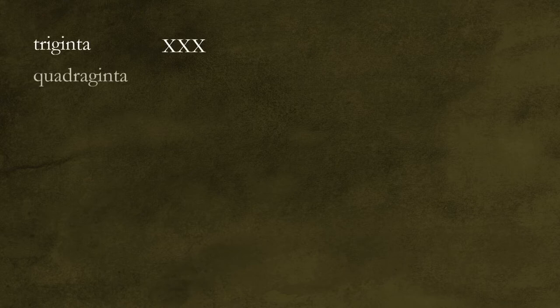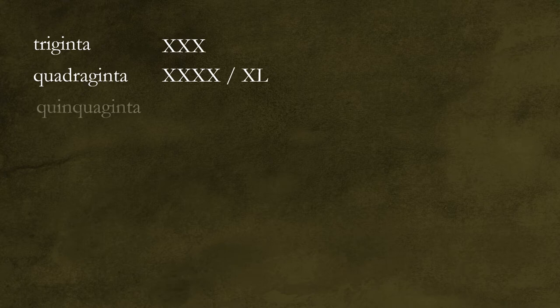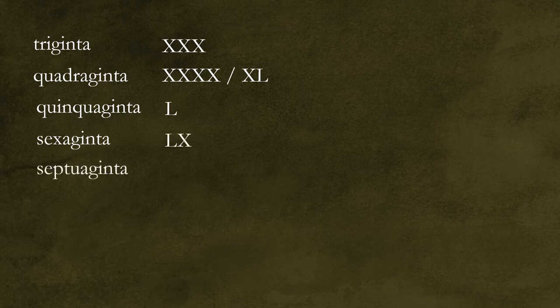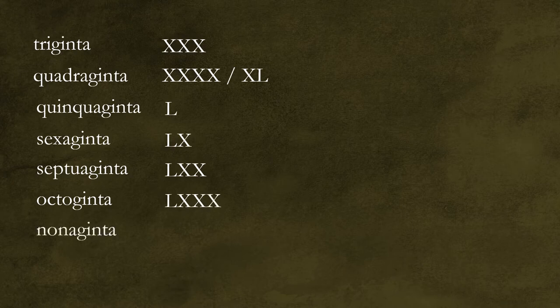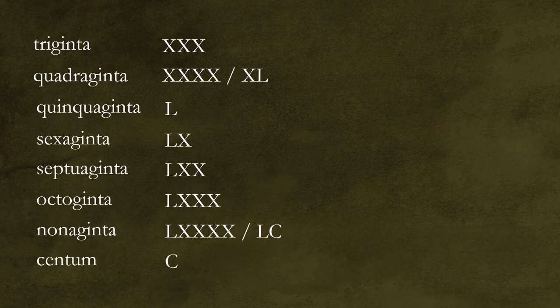Triginta is 30. Quadraginta is 40. Quinquaginta is 50. Sexaginta is 60. Septuaginta, 70. Octoginta, 80. Nonaginta is 90. Centum is 100, and mille is 1,000.